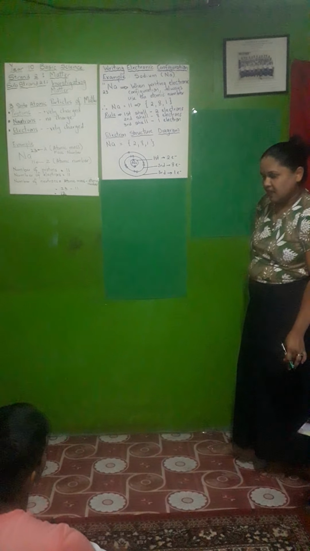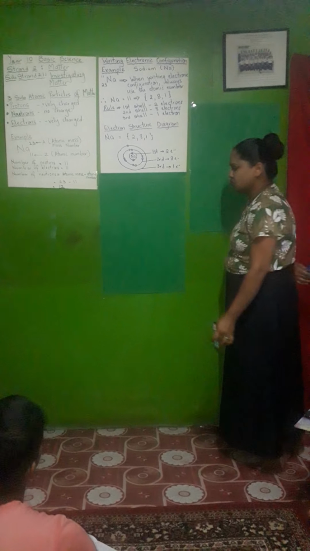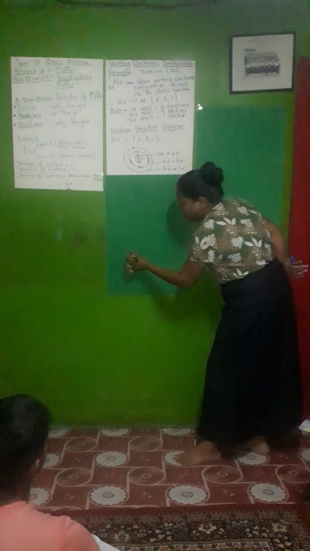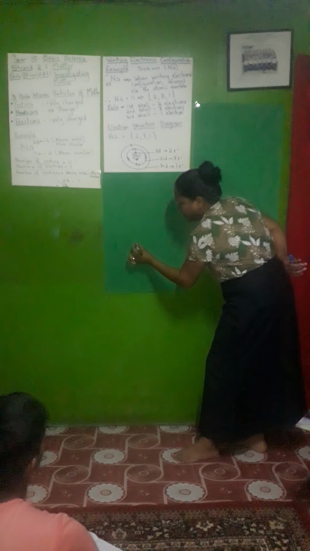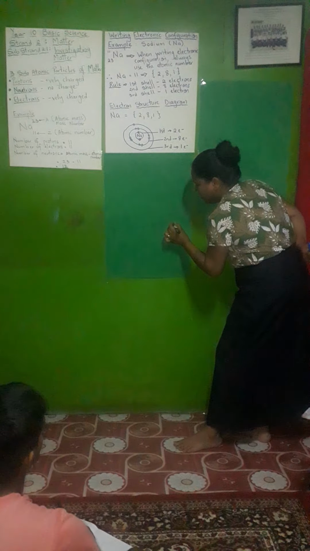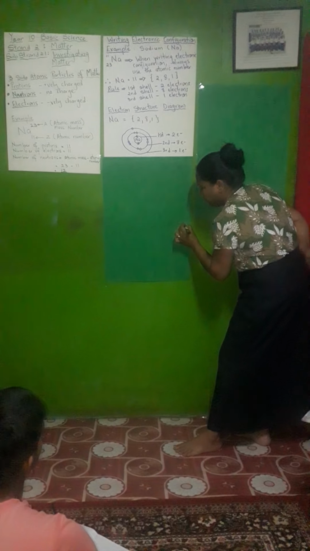Now let's learn how to find out the number of neutrons. Last year you must have learned from your teachers that the number of neutrons is equal to the atomic mass minus the atomic number.